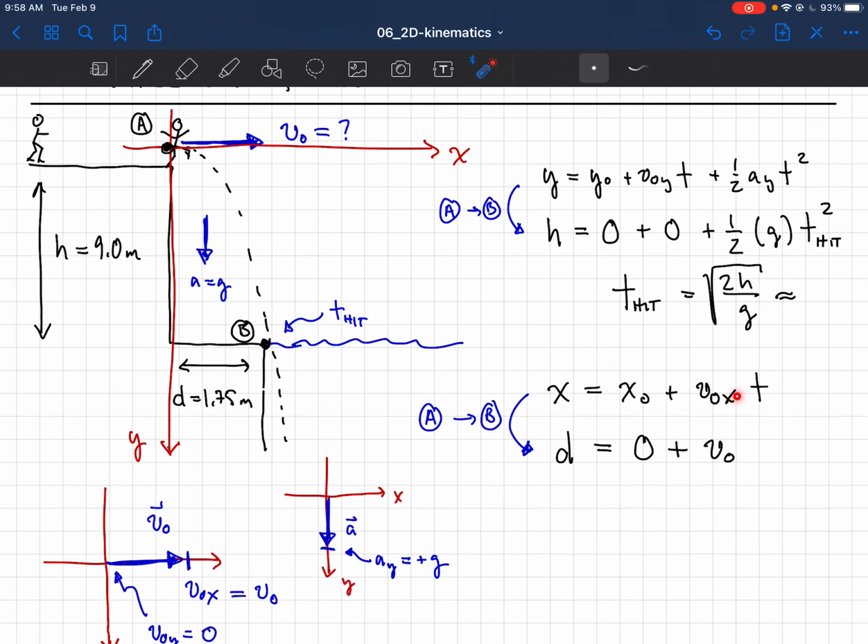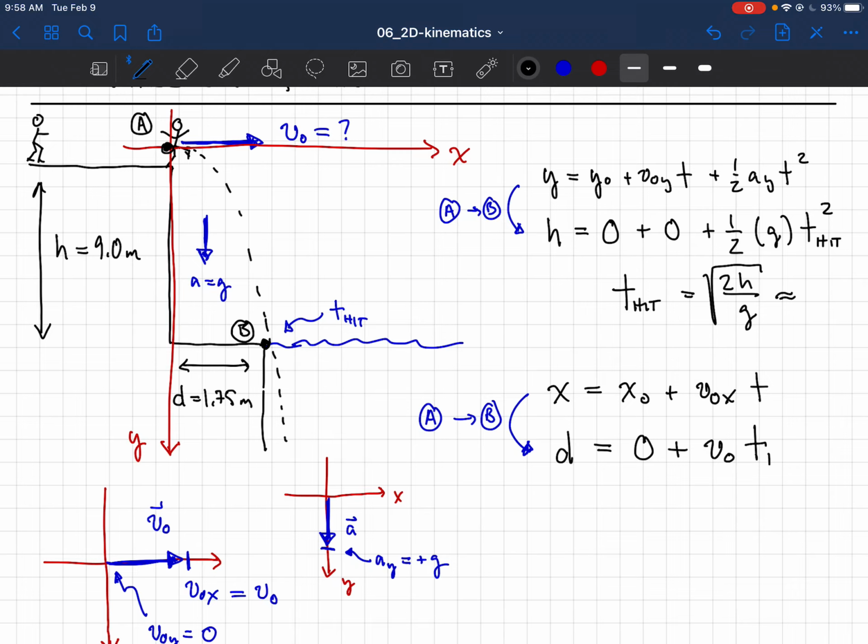This is the component of the vector, which could be a positive or negative number, and this is the magnitude of the vector. So what I'm saying in this step is the component of the vector in the x direction is a positive number equal to its magnitude, just like the component of the acceleration is a positive number equal to its magnitude in the y direction. And then we have the amount of time it took to get to point B.